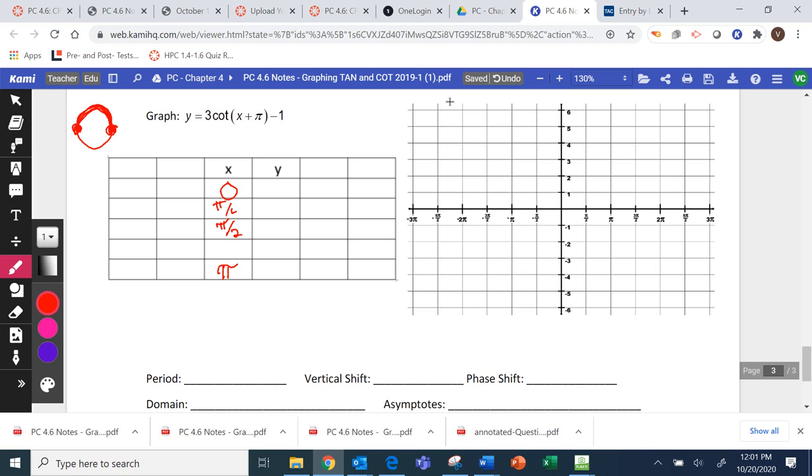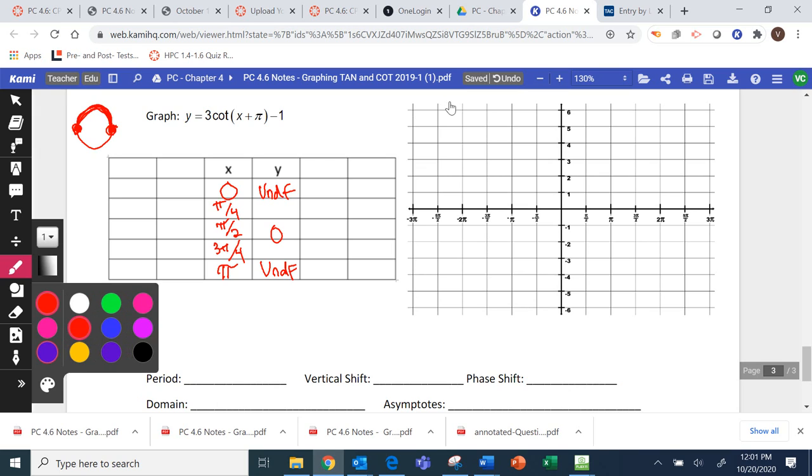We've got up here pi over 4, and down here 3 pi over 4. Cotangent starts with undefined and ends with undefined, has 0 in the middle. And then when I look at the first quadrant, it's always positive, so we'll have positive 1. The second quadrant will be negative 1.